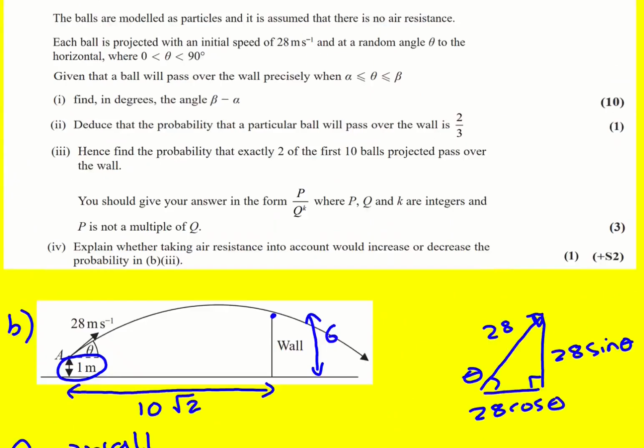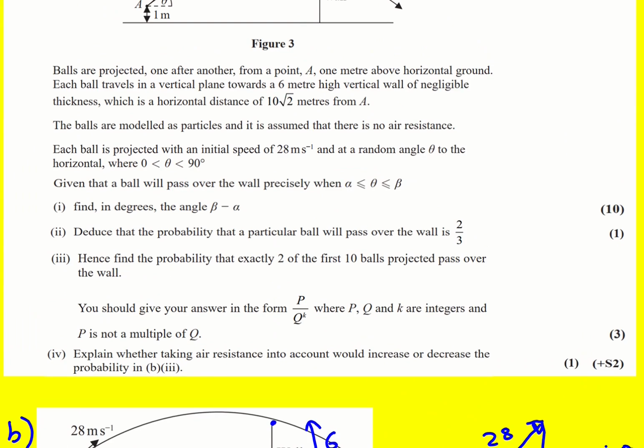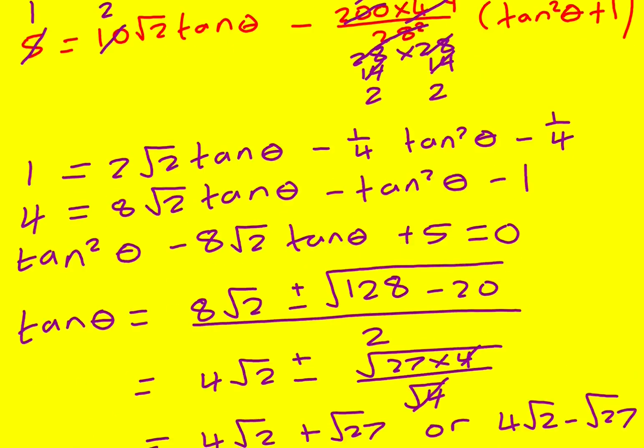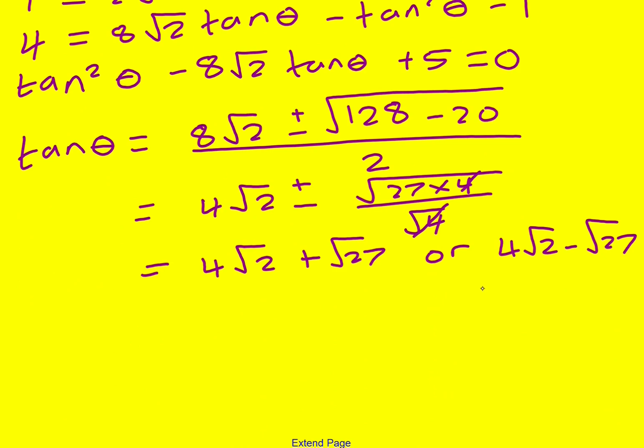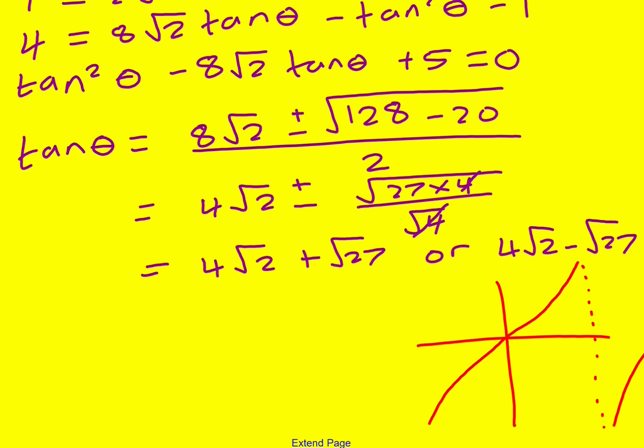Now let's just recap what we're actually trying to find. We're trying to find the angle beta minus alpha, where beta is bigger than alpha. So just recall that tan is actually an increasing function over the interval that we're interested in. In fact, it's always increasing, except it obviously has these discontinuities.